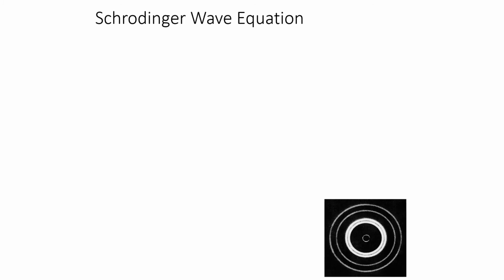So finally, we're going to develop our understanding of the atomic structure of atoms as we understand it today. This work was done by Schrödinger, and he developed the mathematical foundation for what is now known as quantum mechanics or wave mechanics.